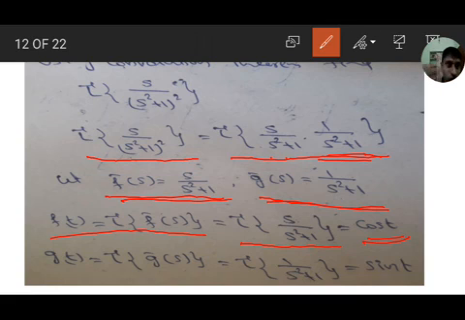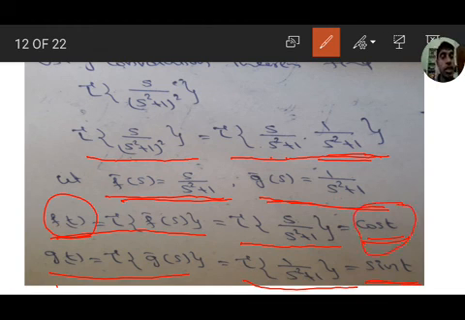And g of t equal to L inverse of g bar s, that is L inverse of 1 by s square plus 1, that is 1 by s square plus a square equal to 1 by a sin a t. Here a equal to 1, so it is sin t. F of t equal to cos t, g of t equal to sin t. So we got f of t value and g of t value.